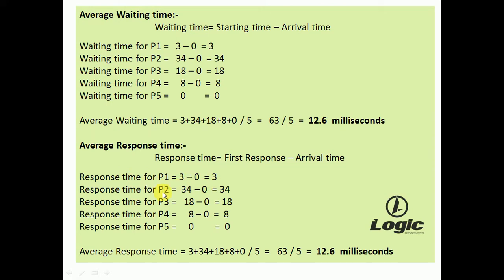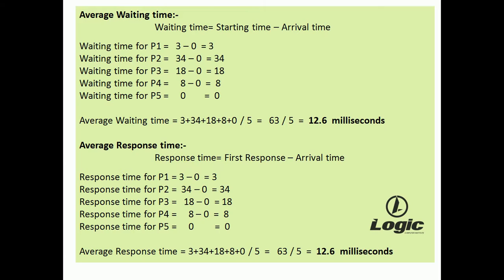Then calculate the response time for P2, P3, P4 and P5, add the response times of P1 to P5 and divide by the number of processes, and this gives the average response time of 12.6 milliseconds. In this algorithm also, the average waiting time and average response time are both the same, because the shortest job first scheduling algorithm is also a non-preemptive scheduling algorithm.